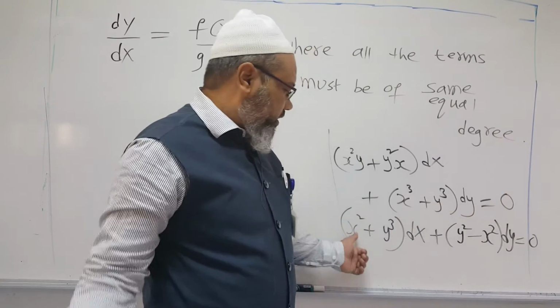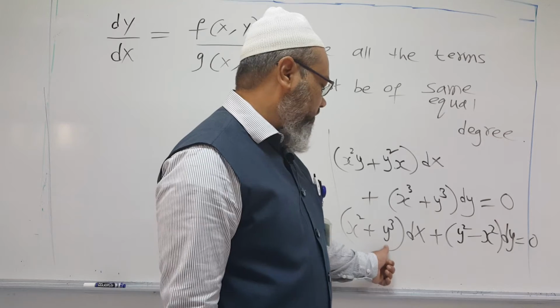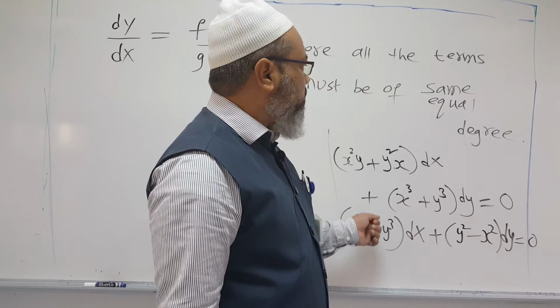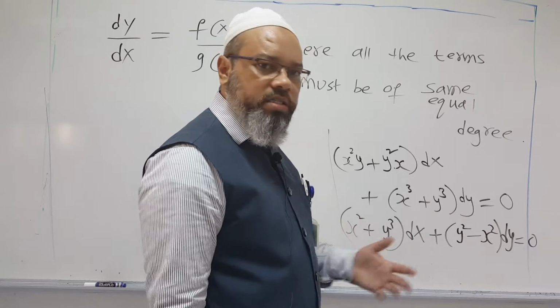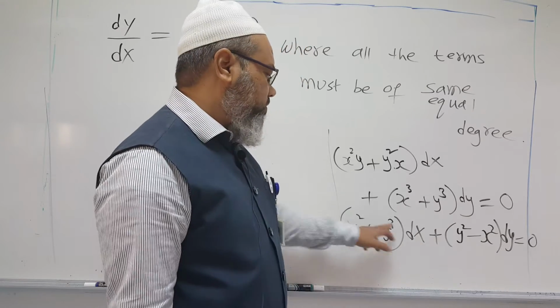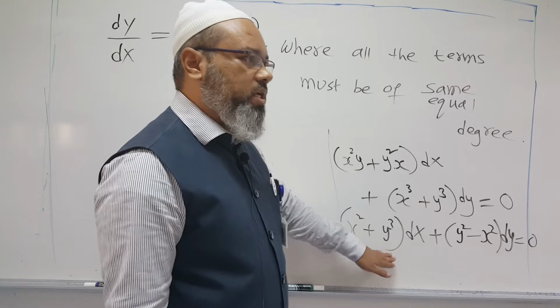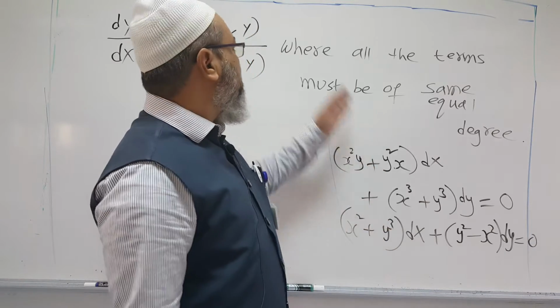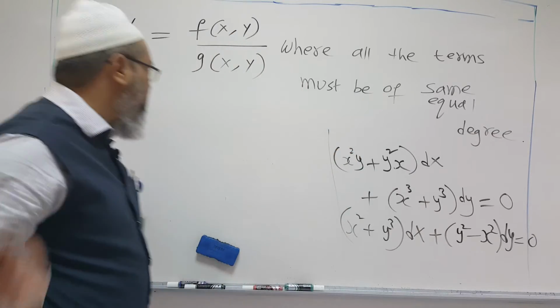Here, the degree of the first term is 2, whereas the degree of the second term is 3, not matching, not equal. So, all the terms are not of the same degree. So, this is a non-homogeneous differential equation. I mean, not homogeneous.